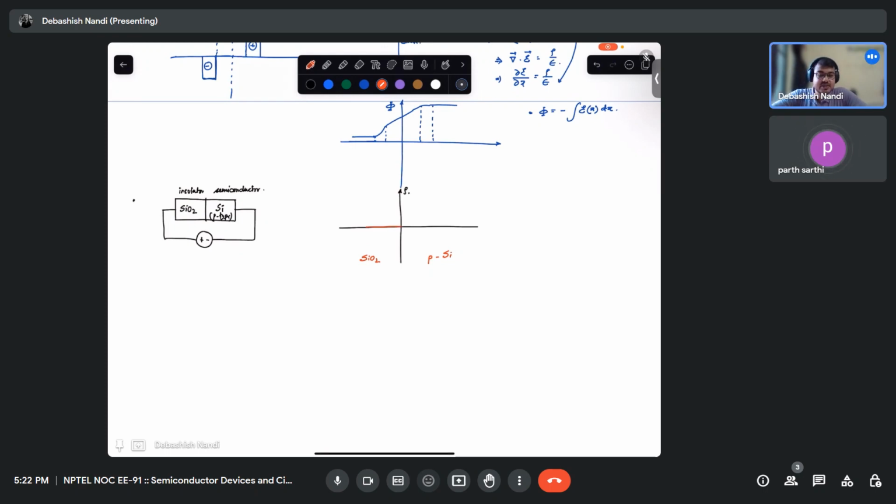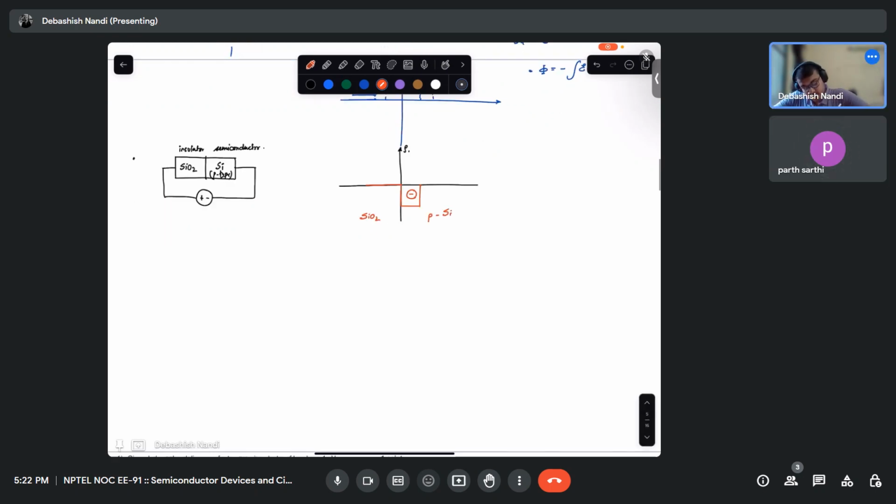And what will it be on the p side? Step function. Why? Because it is p-type, acceptor ions will be there. So there will be a certain amount of acceptor ions, right? Yes, sir.